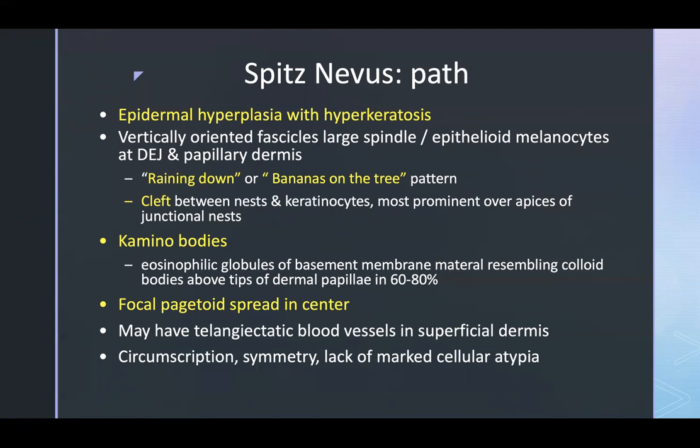But we also have not only IHC, but we have molecular testing at our disposal too, such as chromosome array. So you can test to see if there's a gain or loss in different chromosomes, or you can do single nucleotide polymorphism array, where you can look for changes in the SNPs across Spitz nevi and look for signatures that are associated with atypical spitzoid neoplasms or Spitz tumors, as well as spitzoid melanoma.